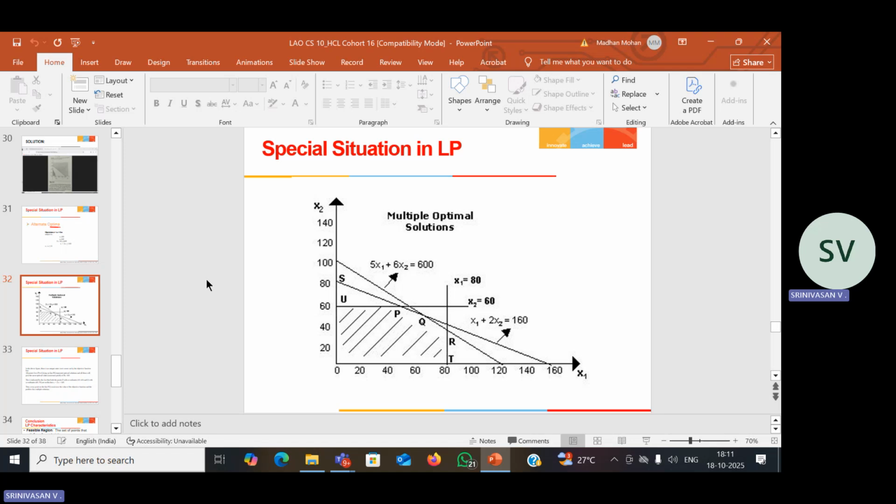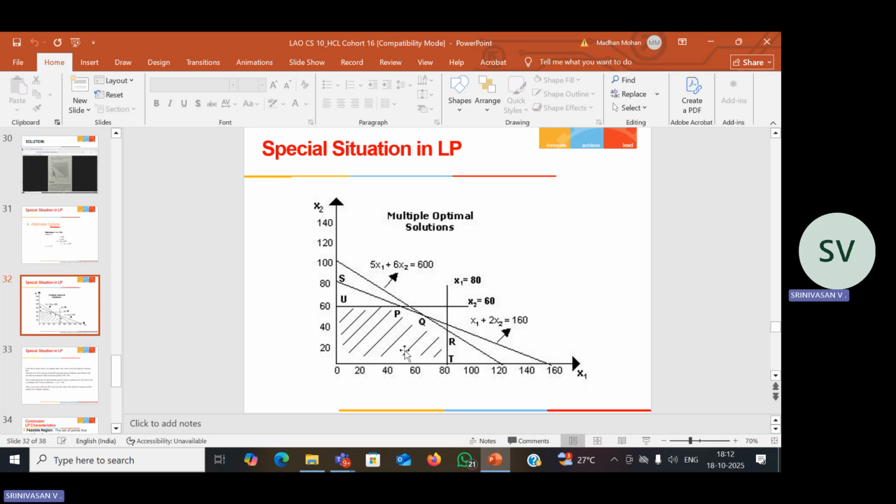What are they? This straight line is your 5x1 plus x2 equal to 600. And this straight line is x1 plus 2x2 equal to 160. And this is the line x2 equal to 60. And this is the line x1 equal to 80 parallel to your x2 axis. So now if you look at what is the region that is common to all these four lines, you have not this rectangle, because still there is a restriction constraint.